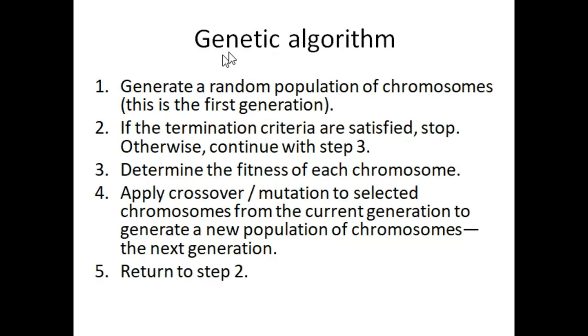So just look at the genetic algorithm. First, initially we will generate a random population which consists of a number of chromosomes. So initially क्योंकि हमारा जो पहला स्टेप है वो क्या है कि फर्स्ट जनरेशन के टाइम हम क्या करते हैं, रैंडम पॉपुलेशन जनरेट करते हैं। So next step is if the termination criteria are satisfied, so we will stop this algorithm.